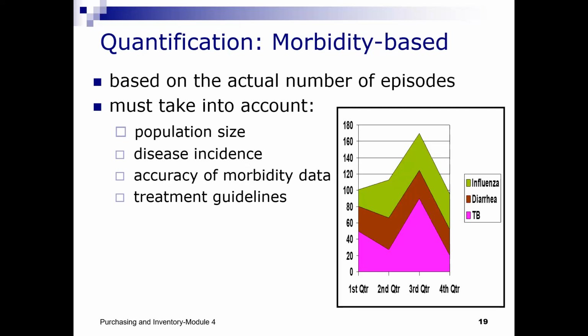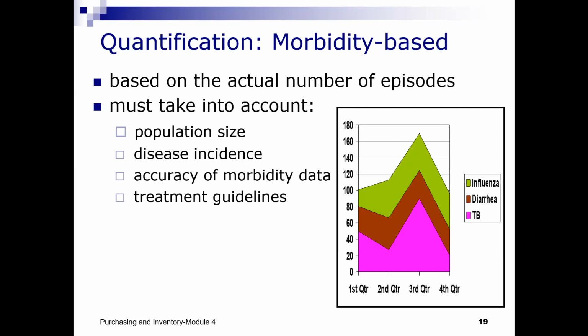And then for the morbidity-based, this is sort of based on prevalence data or disease incidence with population size, treatment guidelines, that sort of thing. So you may be looking at some sort of test for influenza, for example, and you're coming into flu season.